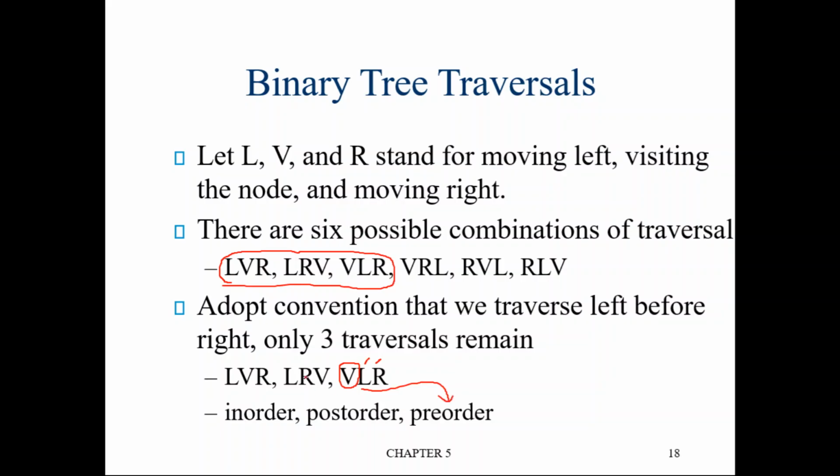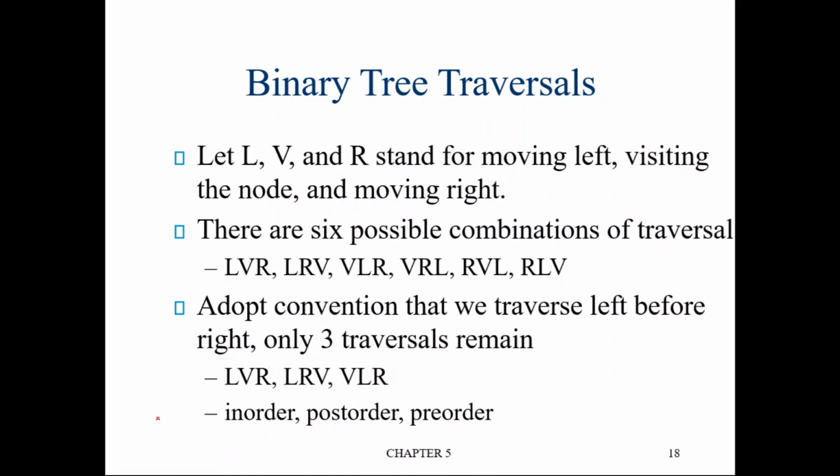If you first visit the left child, then the right child, and then the given node, that order of traversal is called post order. If you first visit the left child, then the given node, and then the right child, that order of traversal is called in order traversal. So these are the three ways of traversing a binary tree.